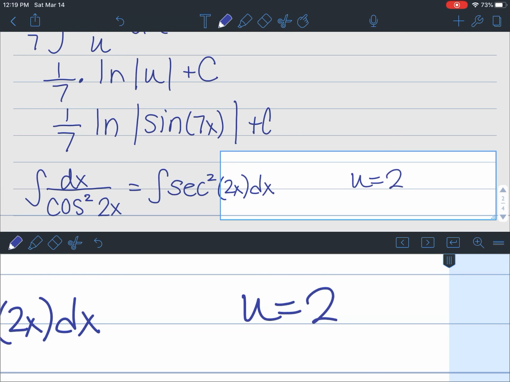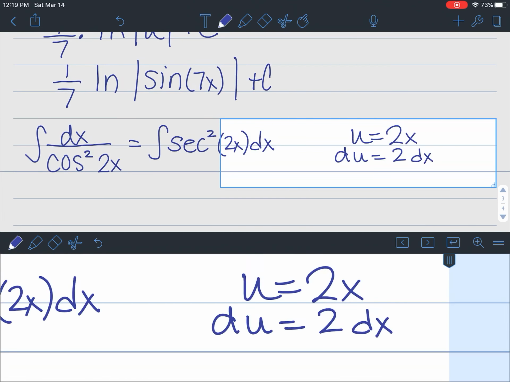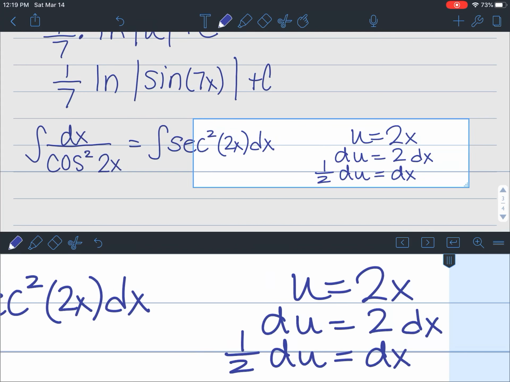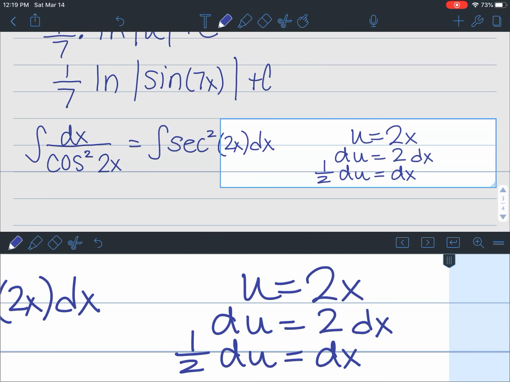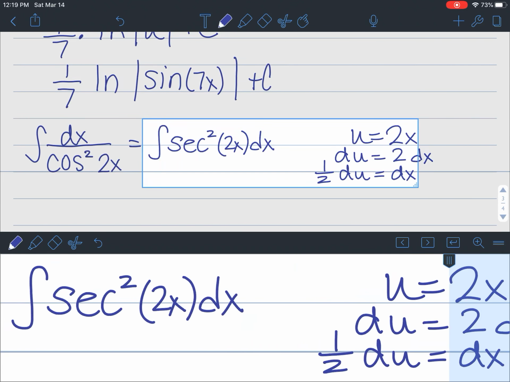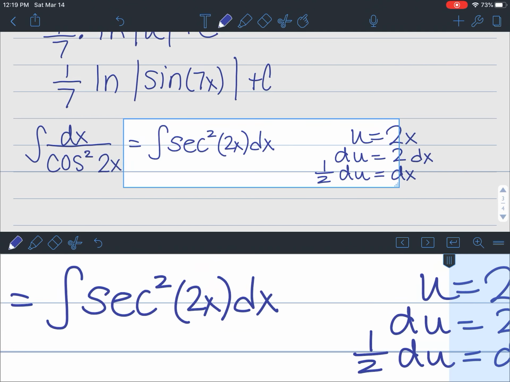So that's who I'm going to make u. This is going to be a pretty easy substitution because it's really just a number. You could even skip this step and not do the whole u substitution, and that's totally fine. But you need to have a backup plan if for some reason it's not going to work.